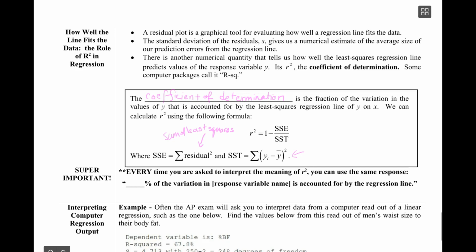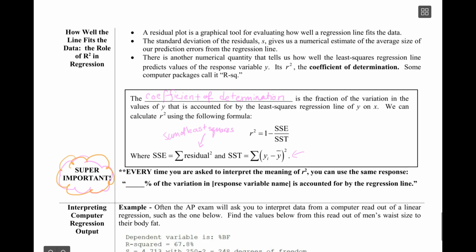All right, so see how this says super important? It really is. All right, so what's next to that? Every time you're asked to interpret the meaning of R-squared, just memorize this line. It'll make sense in a moment. You can use the same response.